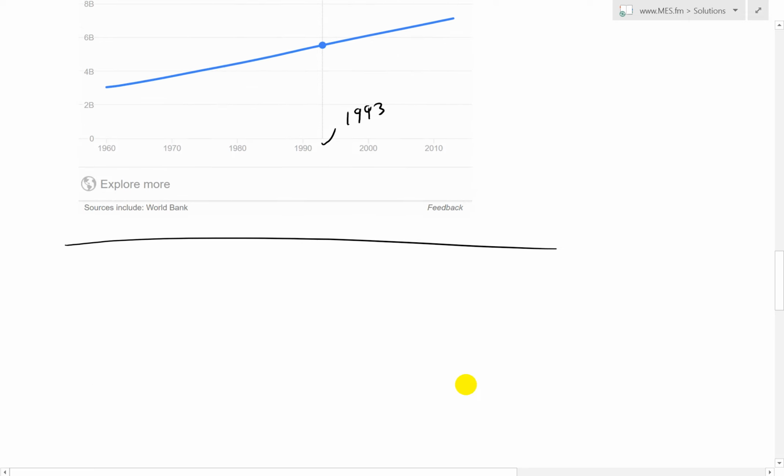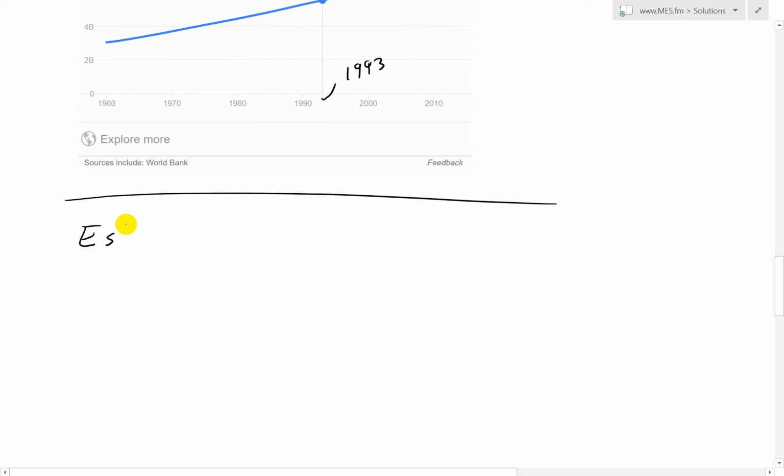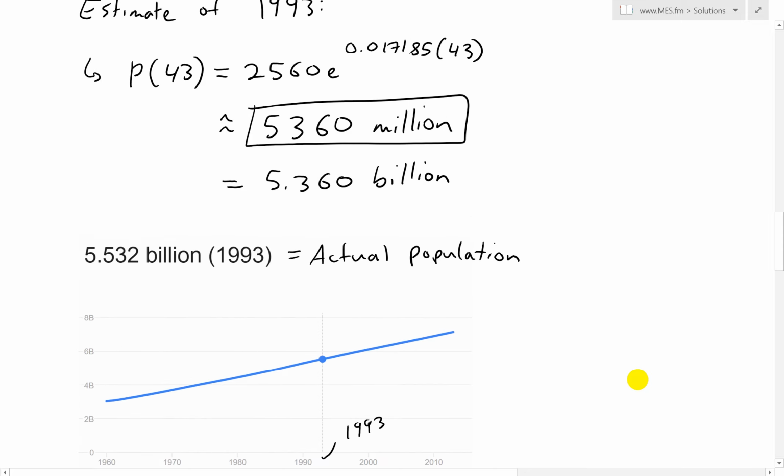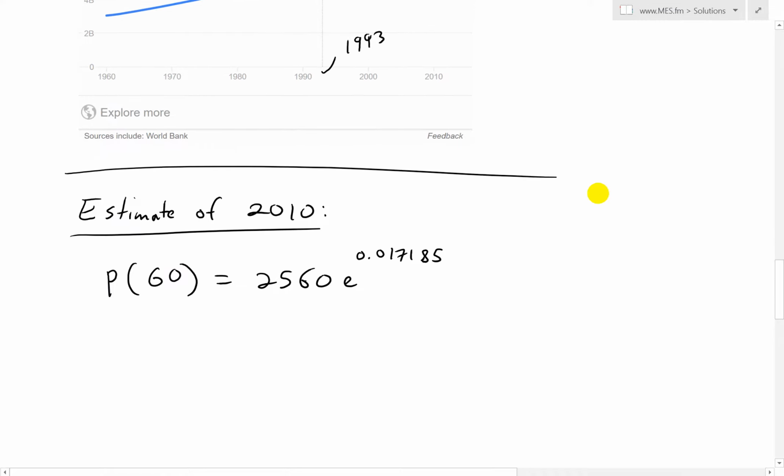Now let's look at our 2010 estimate. This is 60 years after 1950, so this is the same thing as writing P of 60. And this equals 2560 e to the 0.017185, and now we times by 60 instead of the 43 as before.